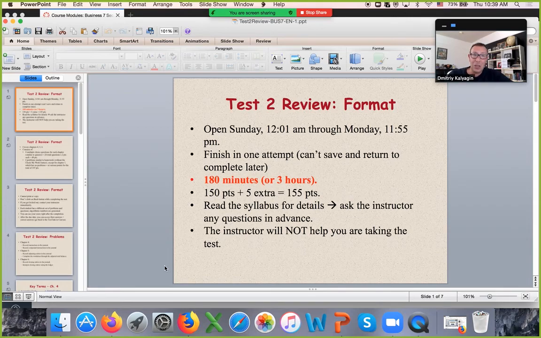Once you start the test, you cannot save and exit. You have to complete it in one sitting, in one attempt. The test has 5 points built into it, and so the total number of points is not 150 but 155.